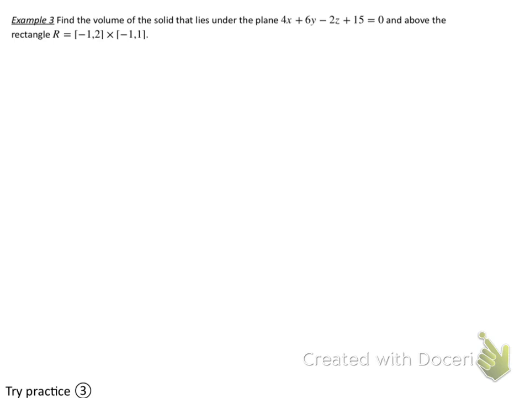Example 3. Here I'm trying to go back to our definition: the integral of a function of one variable is area, and the integral of a function of two variables is actually the volume of the solid that lies under the graph of the function, if the function is non-negative.